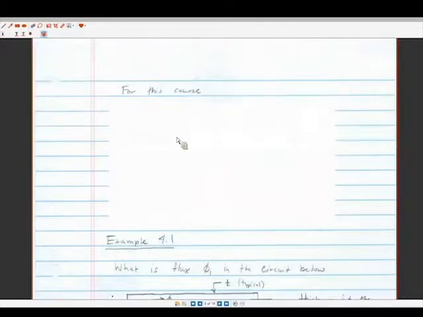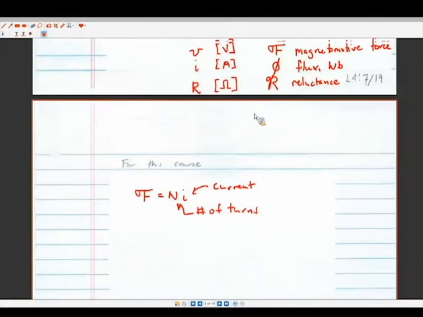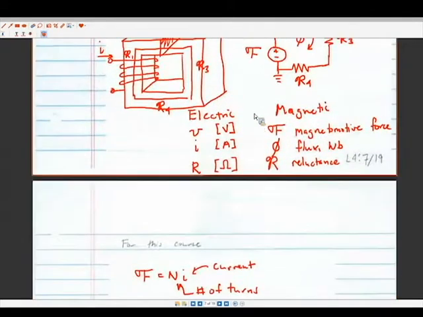Just to fill this out a little bit more, magnetomotive force F is equal to N times I. Remember, this is the number of turns, and this is current. So just to go through a point that has been a source of confusion for a lot of students in many years previous.